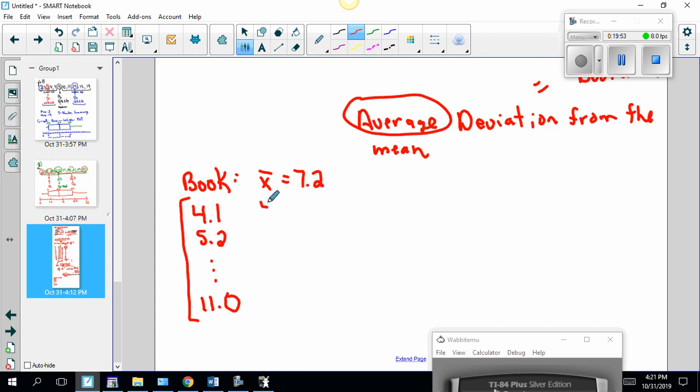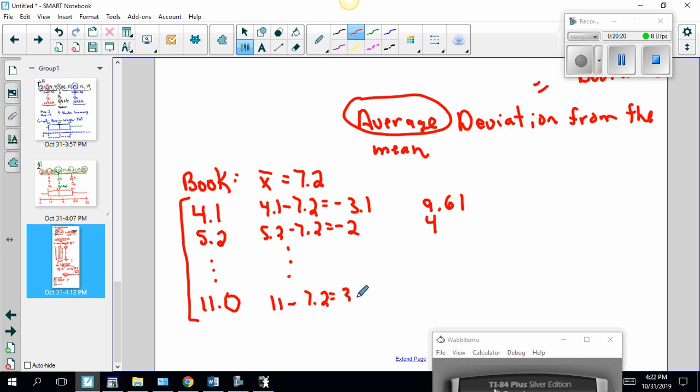So you go 4.1 minus 7.2, and you get minus 3.1, and then you square it, and you get 9.61. And the same here, 5.2 minus 7.2 equals negative 2, which is 4 when you square it. Dot, dot, dot. And you get 11 minus 7.2 is 3.8, and then you square it, and you get 14.44.